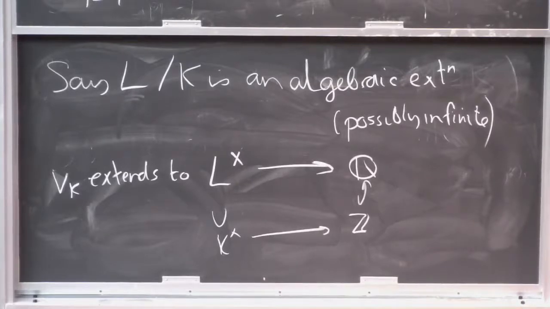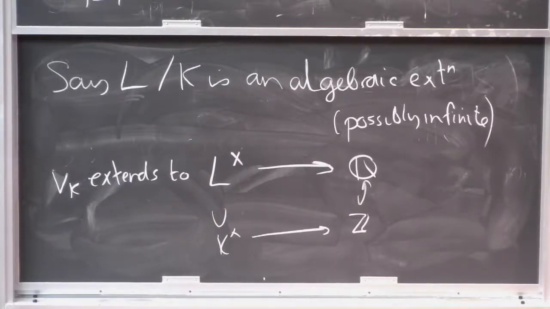So there's a slightly terrifying thing. For example, if L is the field that you get by throwing in an nth root of p for all n, then you're going to get denominators. It's the same story, right?